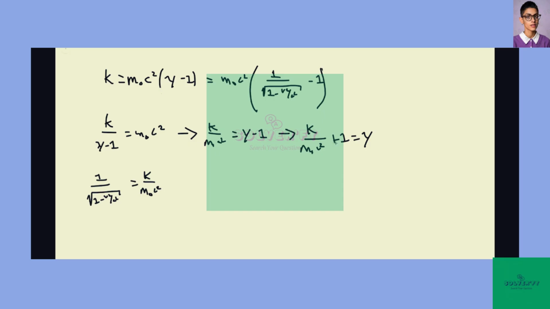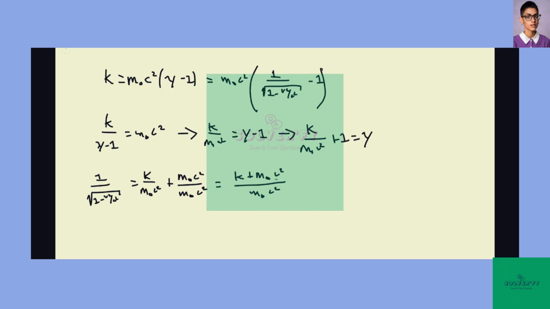I'm going to carry that 1 in, so plus m0c squared over m0c squared, which equals K plus m0c squared divided by m0c squared. Now you take the inverse.